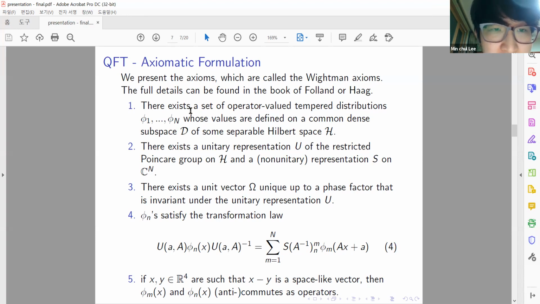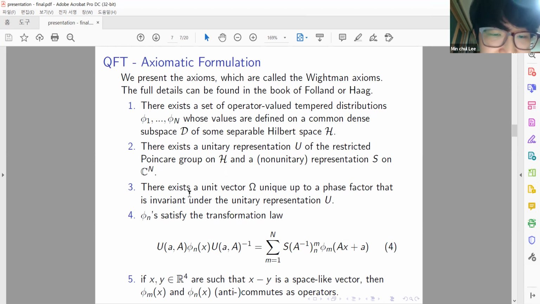A quantum field theory must satisfy these axioms in order to be a reasonable theory. First, there exists a set of operator-valued tempered distributions, phi_1 through phi_n, whose values are defined on a common dense subspace D of some separable Hilbert space H. Also, there exists a unitary representation U of the restricted Poincare group on H and a non-unitary representation S on C^n.